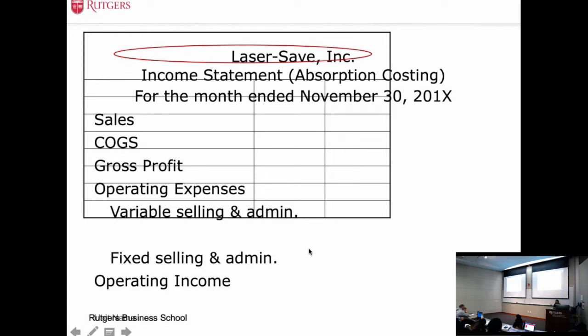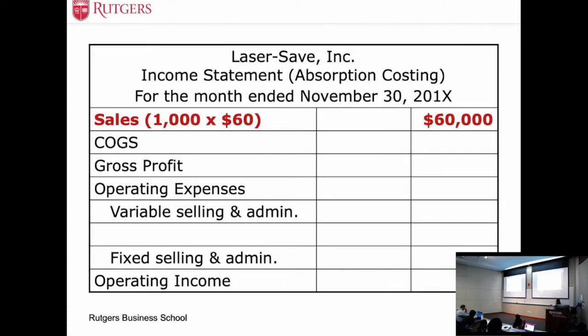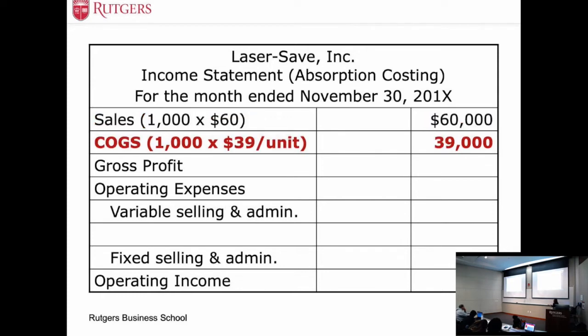is some issue in this slide, but this is a slide that we calculate the operating income. Okay, here is the correct one. The operating income under the absorption costing, right? So we have the sales revenue, and now the cost of goods sold is the amount that we sold, 1,000, multiplied by the new unit product cost, which is 39, right?